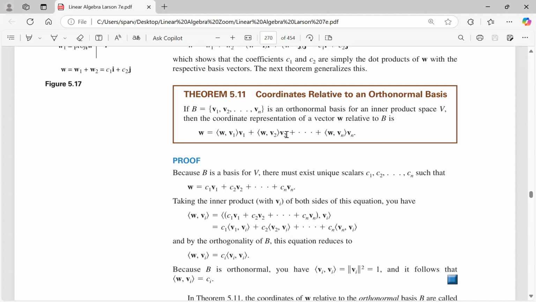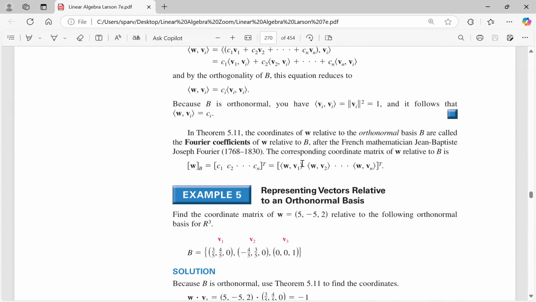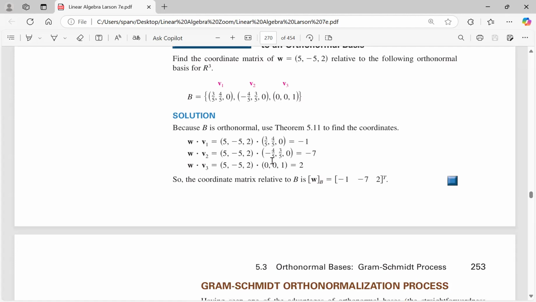And if you only have V1, V2 in R2, then this is like the X direction, and this one would be in the Y direction. If you have V1, V2, V3, this would be the X direction, the component of vector W in the J direction, and the third one would be in the K direction. And hypothetically, you can go to the nth dimension, what we're doing here.